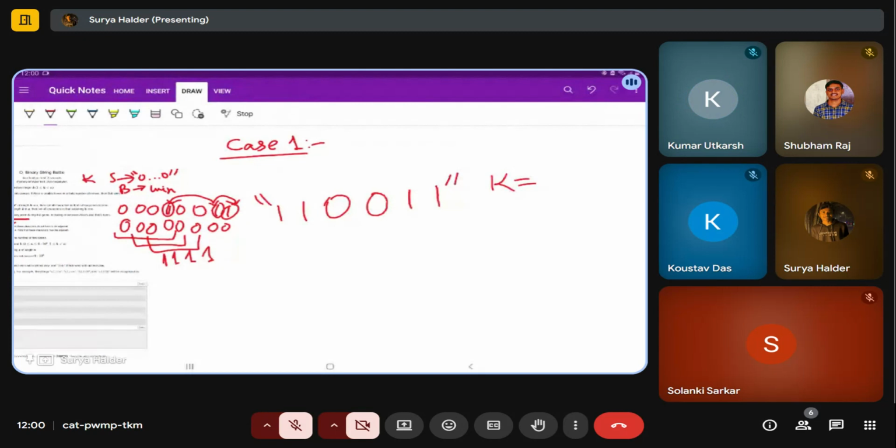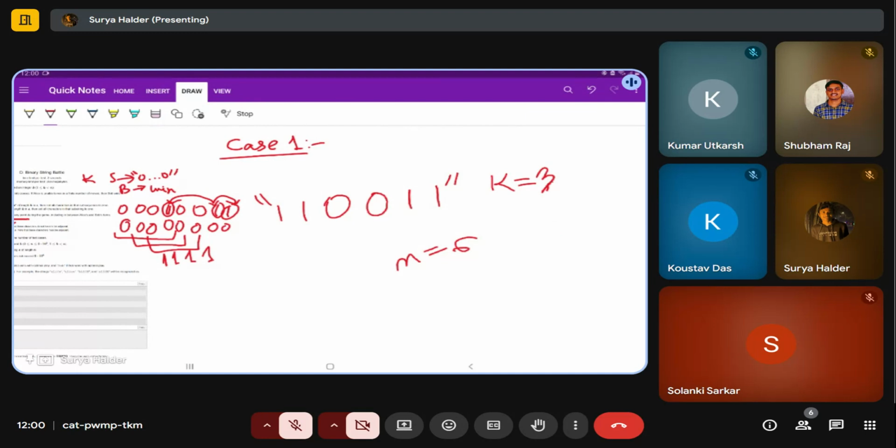Suppose n is equal to 6, and let us take k equal to 3. So if k is equal to 3, then 2 into k is 6.